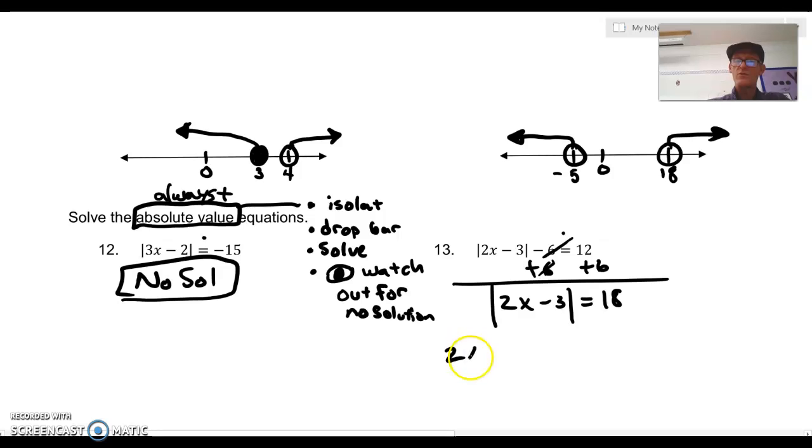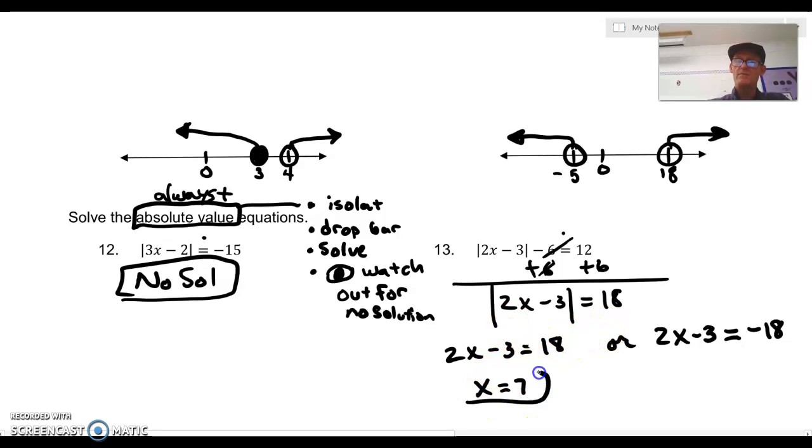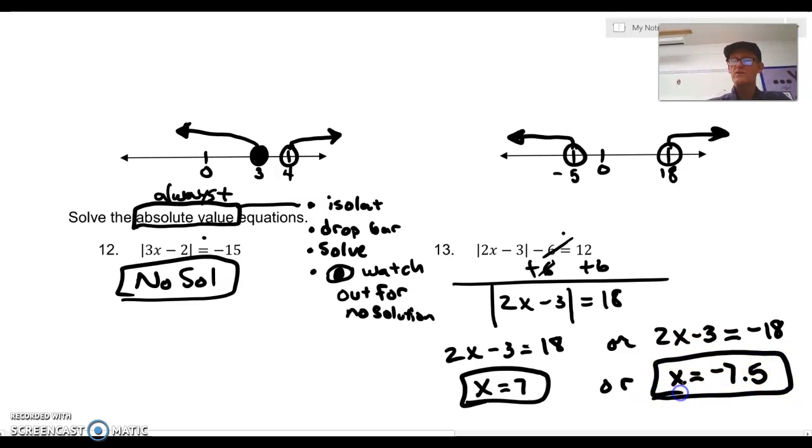So 2x minus 3 equals 18, so it could be positive 18, or that number, 2x minus 3, depending on what x is, could also equal negative 18. That's how far away it is from 0, 18 units. Here, x equals 10.5, or x equals negative 7.5. Now I'll solve the equation real quick so I can save some time.